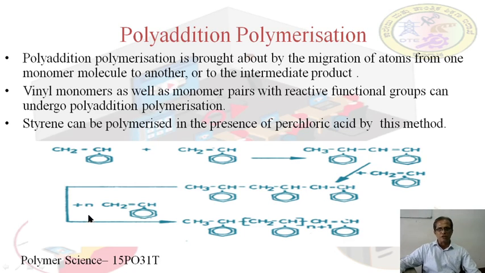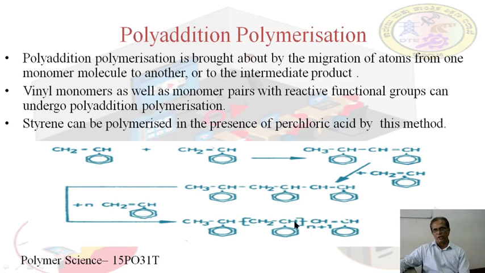If n numbers of styrene molecules are made available, then the reaction will continue in the same manner and you can see the reaction product like this. Inside the square bracket we have shown here CH2CH C6H5.